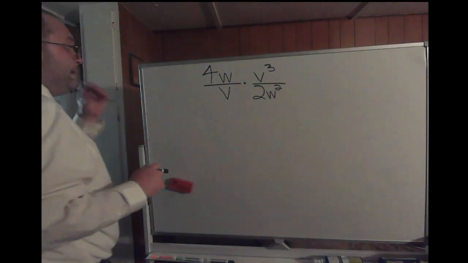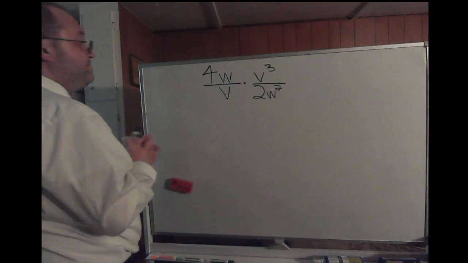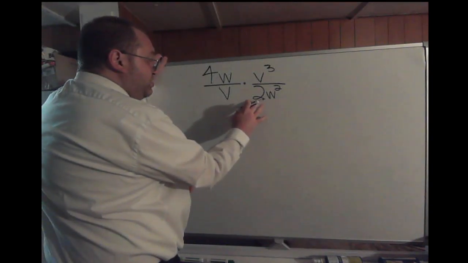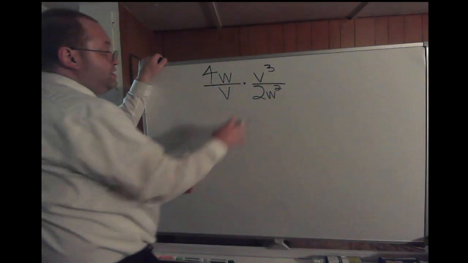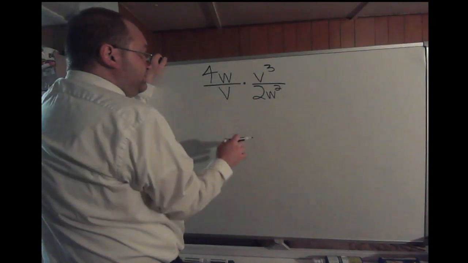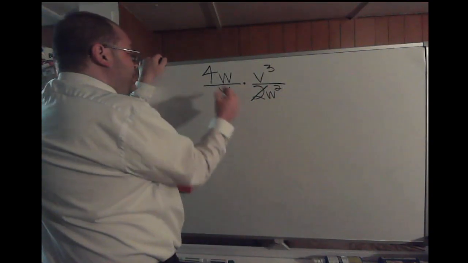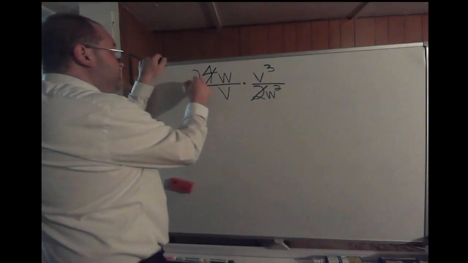Well, let's start here with the 4 and the 2. Just focus on the coefficients for a minute. 2 is the greatest common factor of 4, so if you divide 2 by 2, you'll get 1. Divide 4 by 2, you get 2.